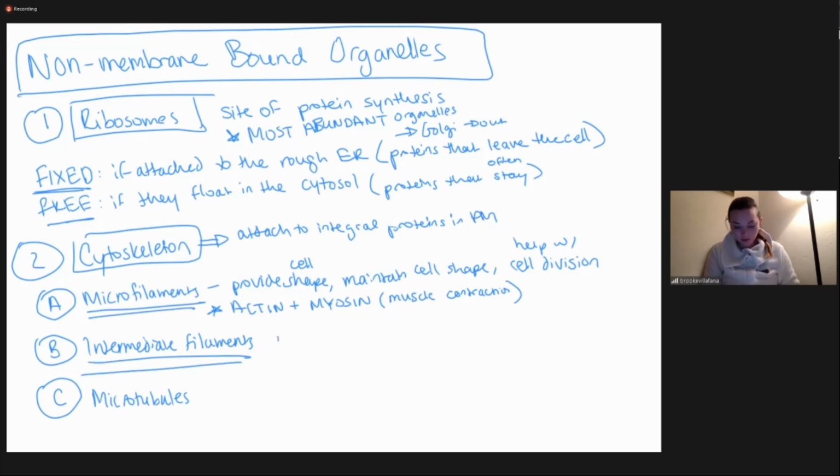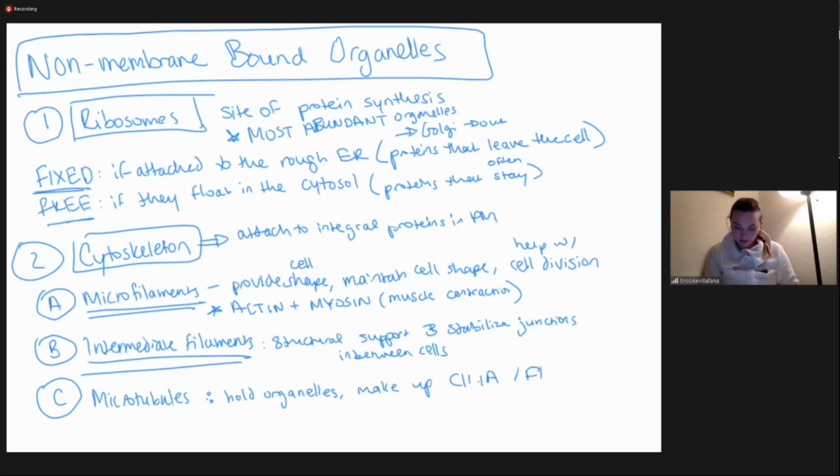Intermediate filaments provide structural support, and they also stabilize junctions in between cells. Microtubules function to hold organelles, and they also make up cilia and flagella.